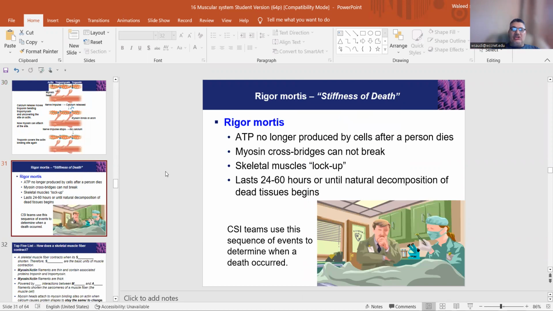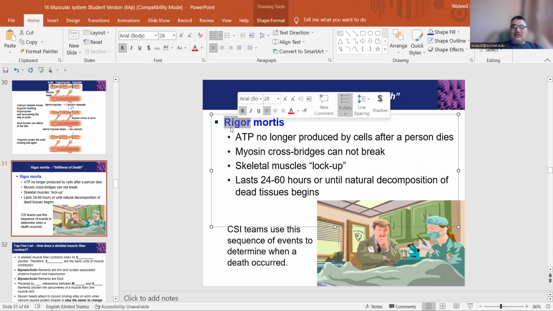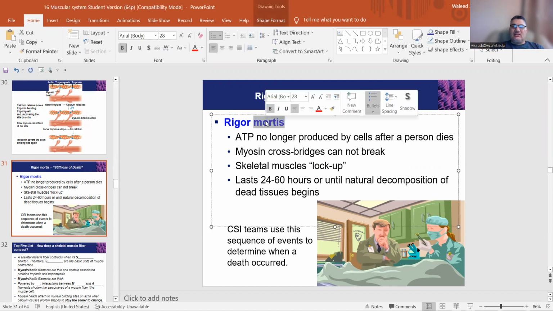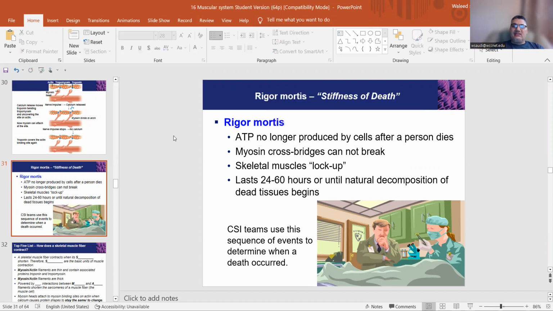There is a condition called rigor mortis. Rigor means sustained contraction or stiffness. Mortis, mortal, means death. Right after death, the muscles are going to contract and not relax. Throughout our entire life, as long as we are alive, you contract, relax, contract, relax, contract, relax.